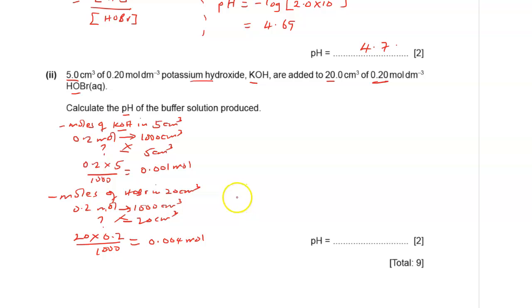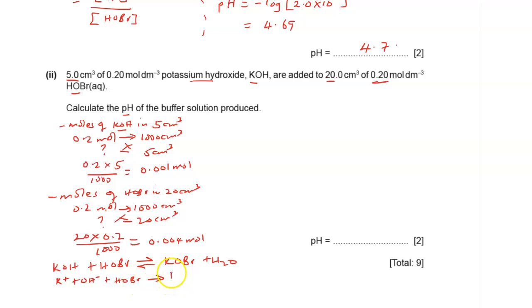Now, of course, from this reaction, we know that when potassium hydroxide is mixed with bromic(I) acid, bromic(I) acid is a weak acid. What we'll get is potassium bromide there plus water, and of course we write this one in ionic form. You get potassium ions plus OH ions plus HOBr.